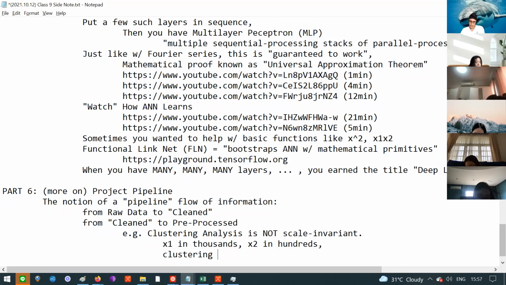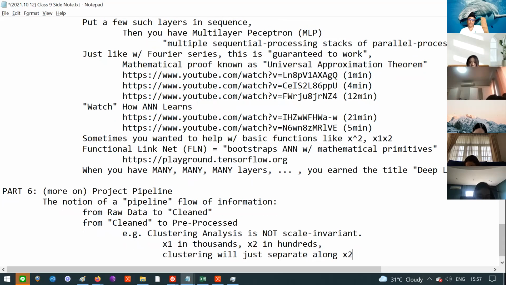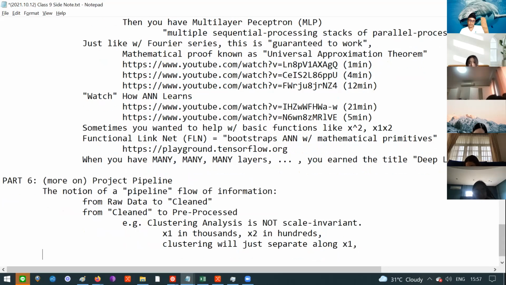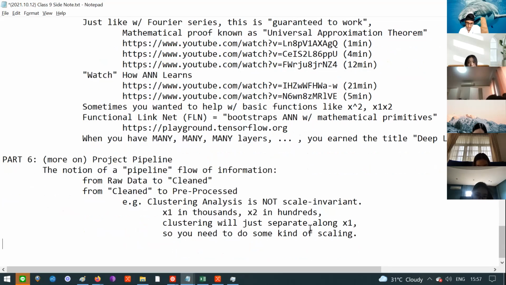Clustering will just separate along x1, right? That's common sense. So you need to do some kind of scaling. Okay? So this is kind of pre-process.